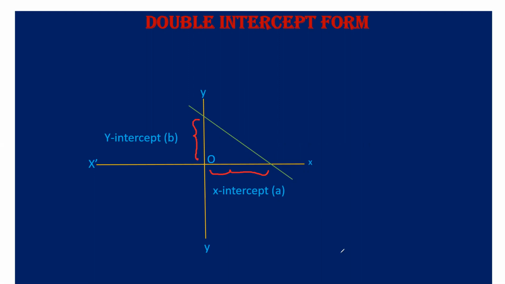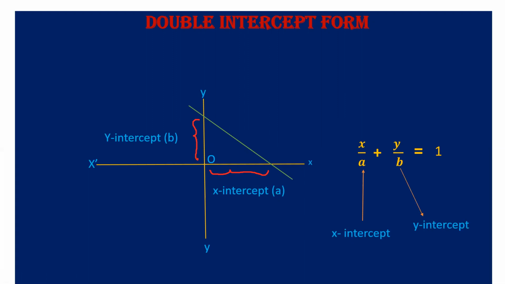Now remember, when you are given the x-intercept and the y-intercept, then you find the equation of the straight line by using the double intercept form, which is x by a plus y by b is equal to 1. We use this form whenever you are given the x-intercept and the y-intercept, where a is the x-intercept and b is the y-intercept.